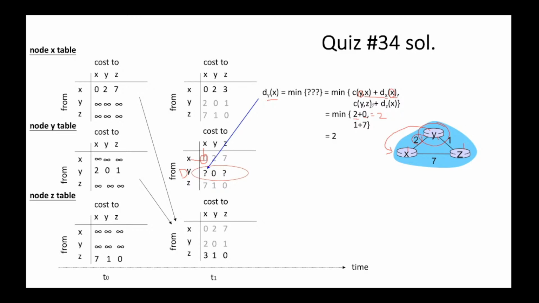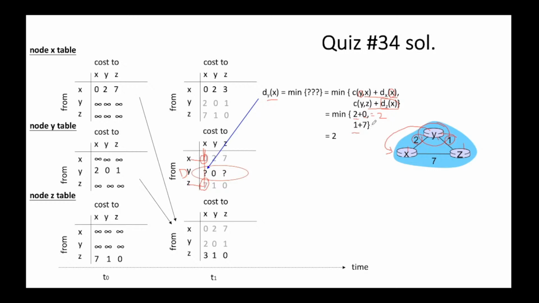The other neighbor of Y is Z. So Z in the middle here. Link cost YZ is 1. What about the shortest distance Z knows to the destination X? So DZX, we'll have to look up the table here. DZX says 7.